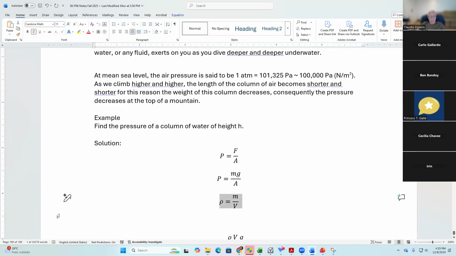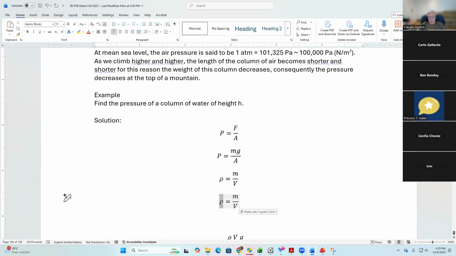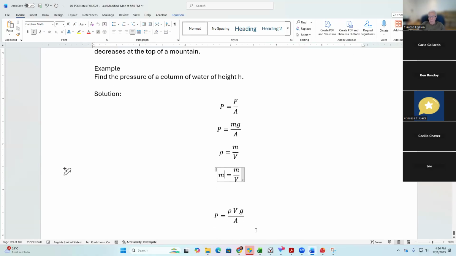Consequently, mass can be written down as density times volume. When we replace mass there in the equation for the pressure, we have something like that.